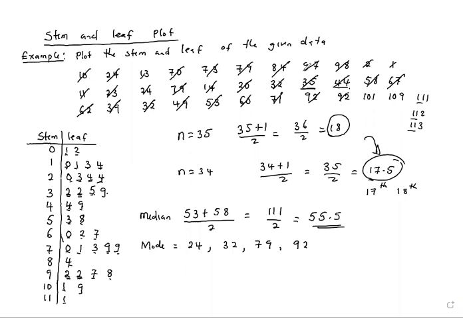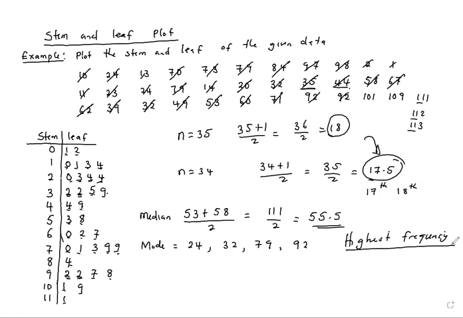The mode is the number with the highest frequency. This is the mode. Highest frequency, you mean the number that appears more than any other number. So if you have 20 numbers that are appearing same time, then they are your modes.